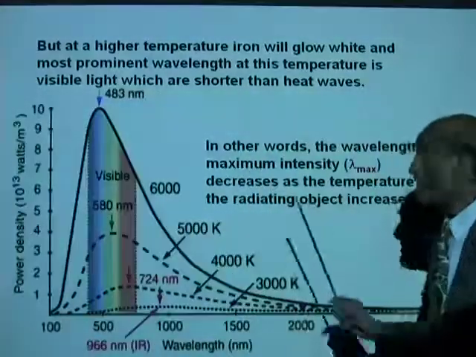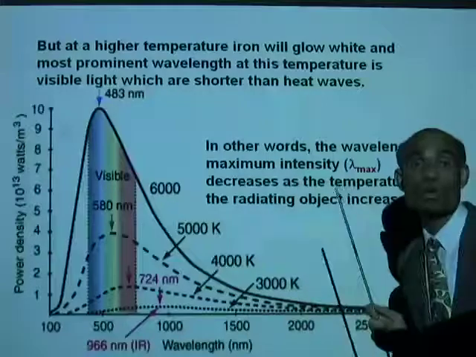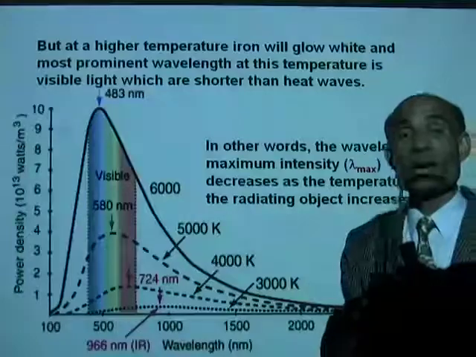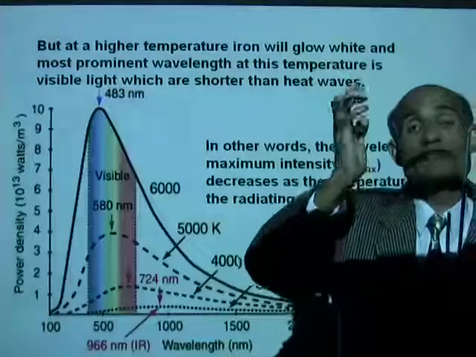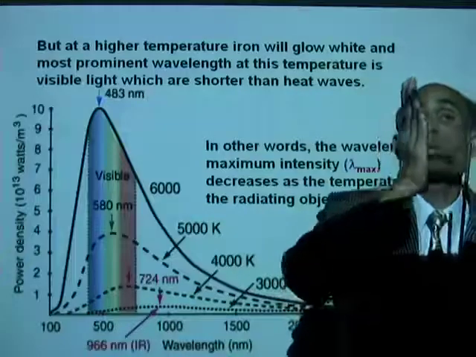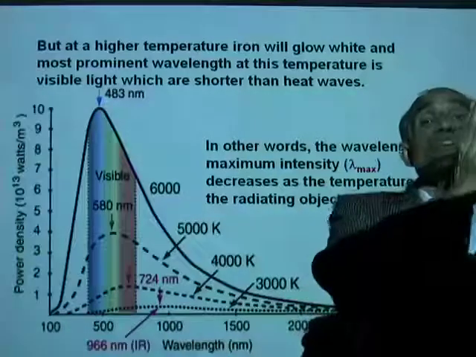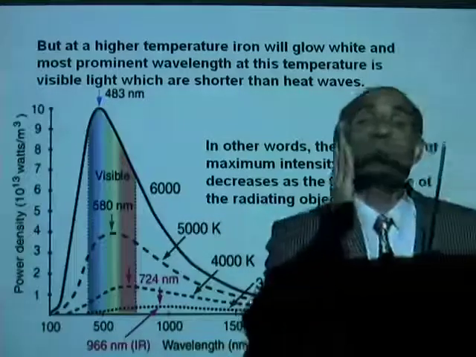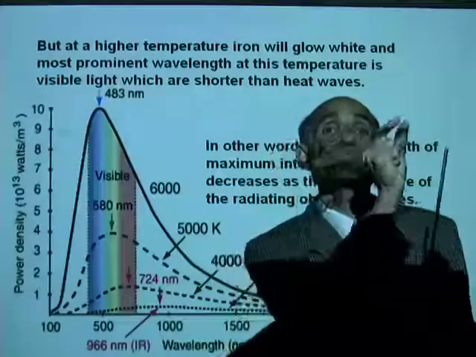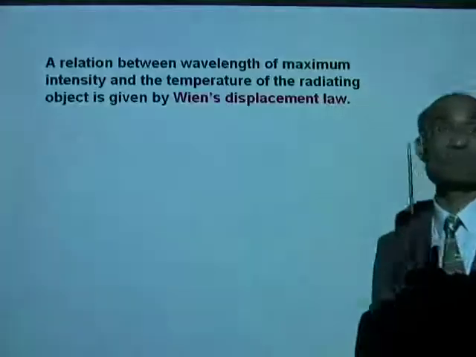Now, this is a very important law in radiation. What is that law again? As the temperature increases, the wavelength of the maximum intensity radiation will decrease. It will become shorter and shorter.